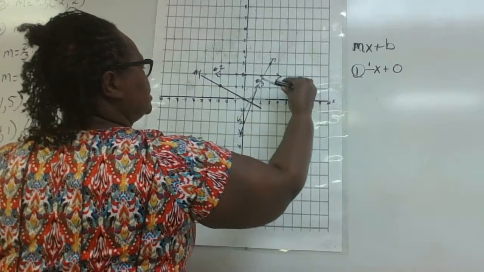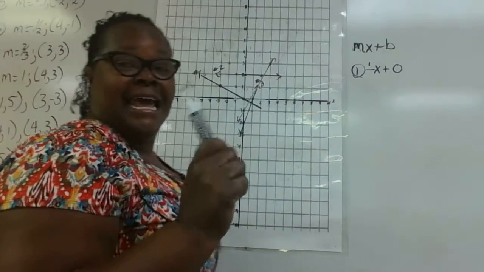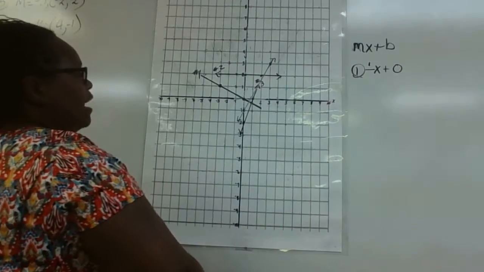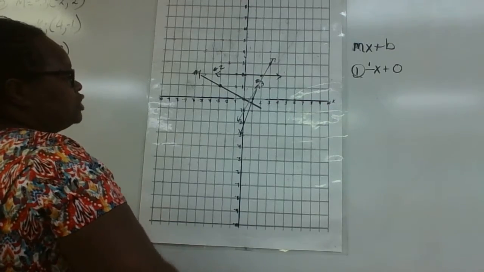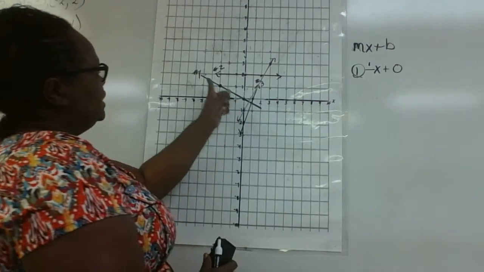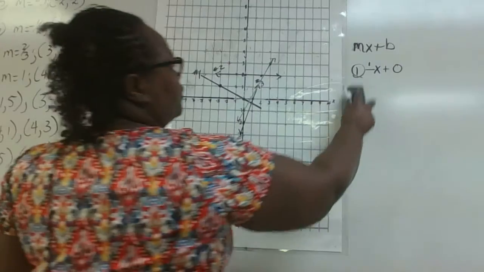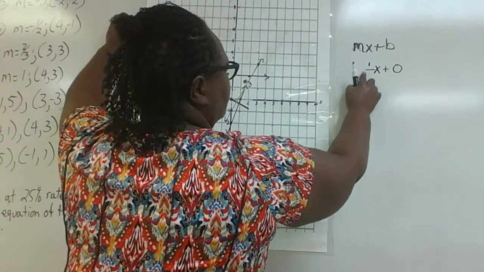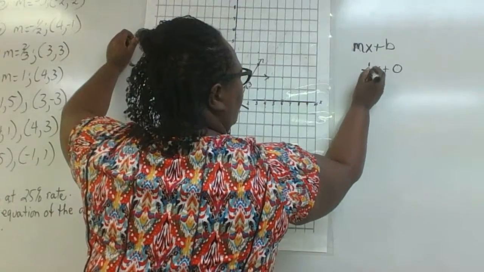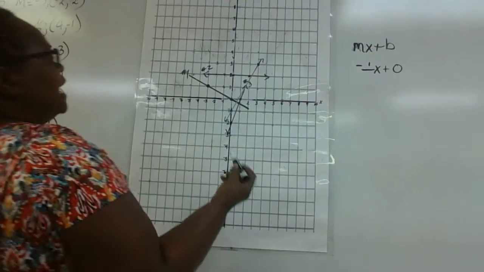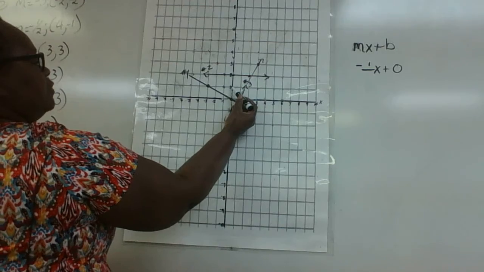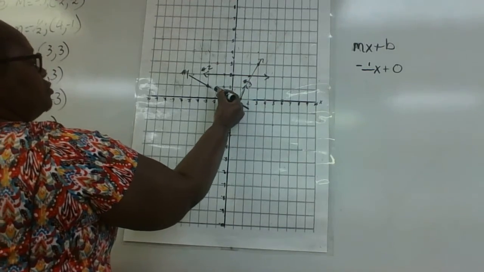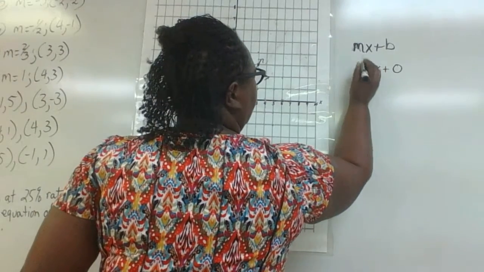But our run takes a turn to the left, which is negative, okay? So we have a negative progression, and it's verified by the leaning of our line to the left, okay? So therefore, our rise is 1, our run is negative going to the left, starting from here, and we go 1, 2, 3. So it's negative 1/3.